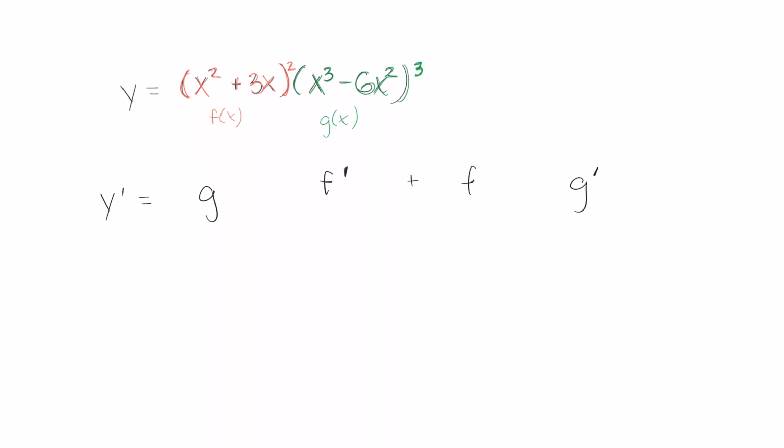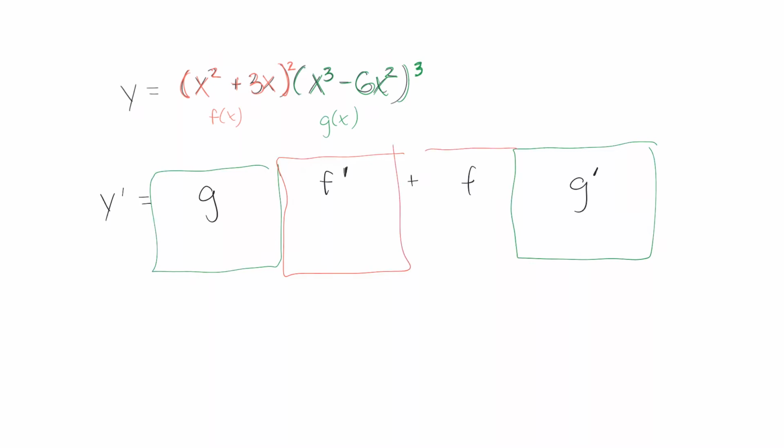So g is going to be in green, and red is going to be for the f. I hope I can draw small enough. Okay, here we go. G, we're just rewriting g. So x cubed minus 6x squared, cubed.